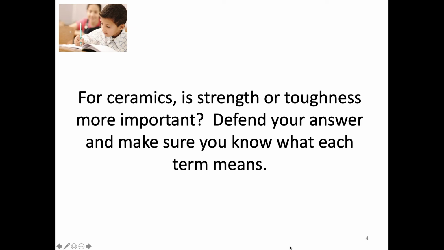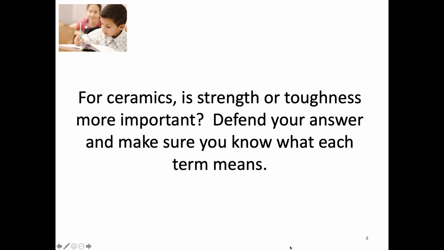Strength refers to the stress value at which something happens, like failure or yielding, and so forth. But toughness has more to do with a resistance to failure.